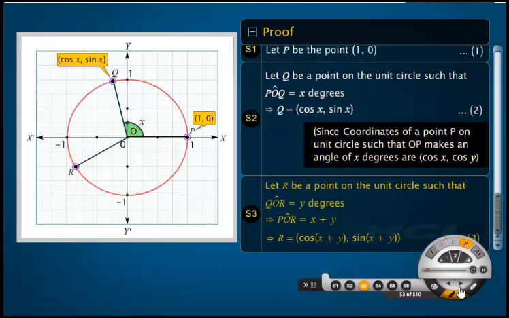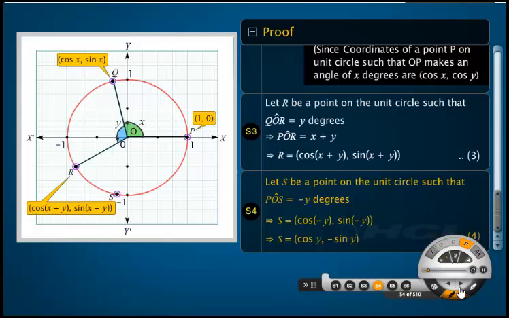Next, let R be a point on the unit circle such that angle QOR equals y degrees, which implies that angle POR will equal x plus y degrees. Thus, the coordinates of the point R are cos x plus y and sin x plus y.